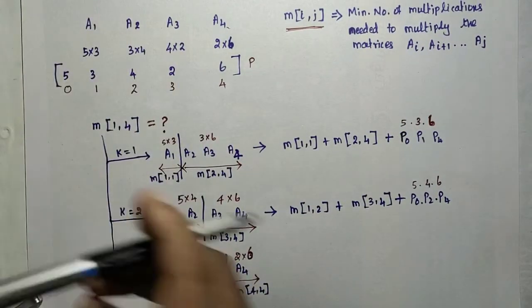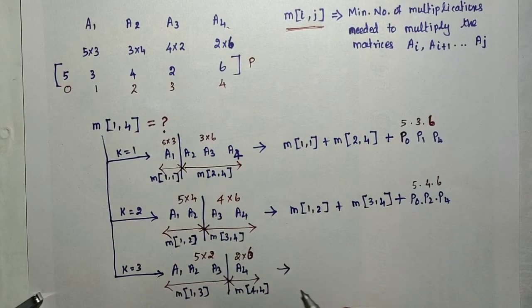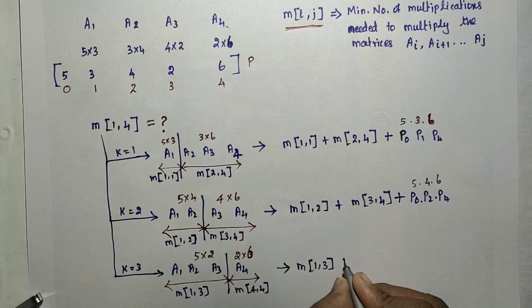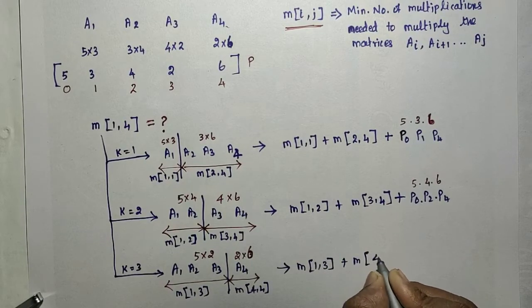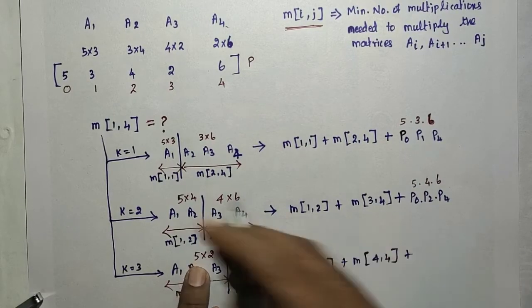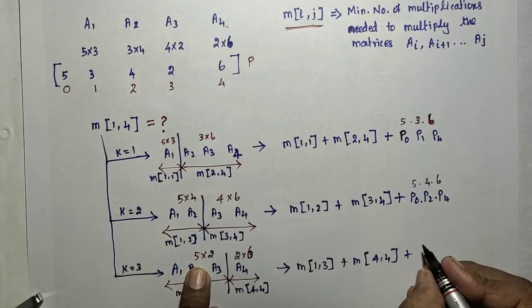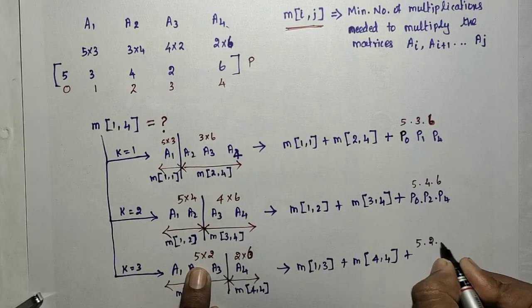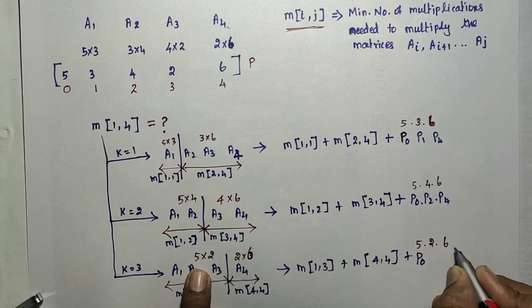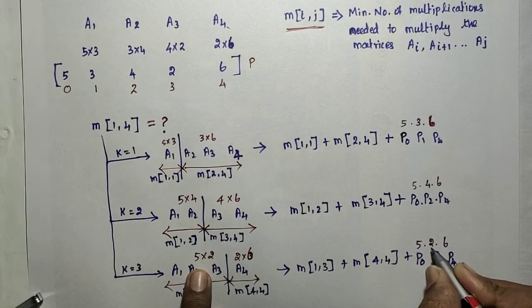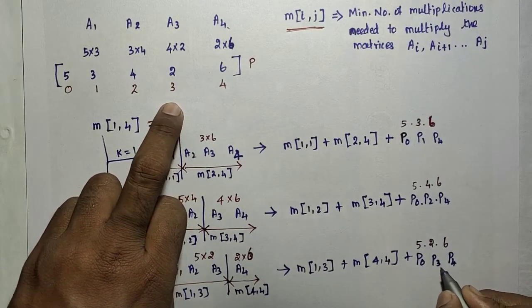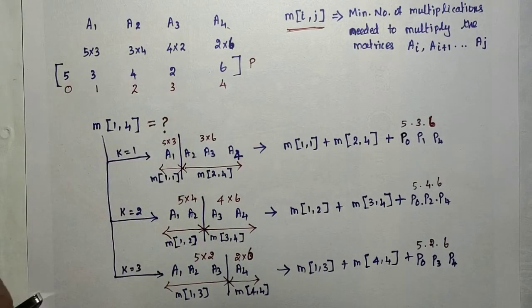So the total number of multiplications needed in this option is m of 1 comma 3, plus m of 4 comma 4, plus 5 into 2 into 6. 5 means P0, 6 means P4, and 2 is nothing but P3. So that is P0, P3 and P4.